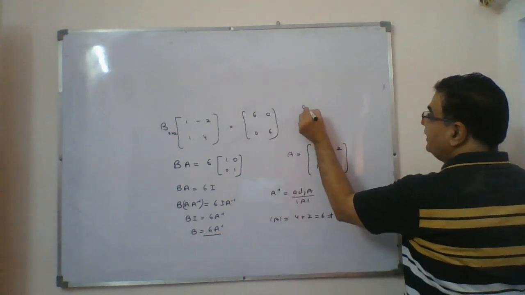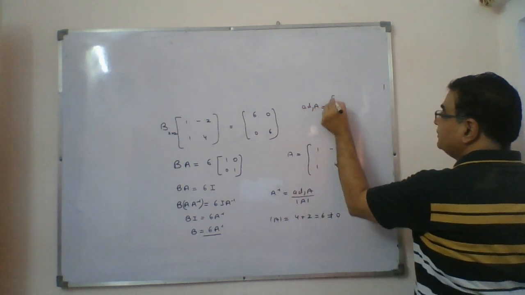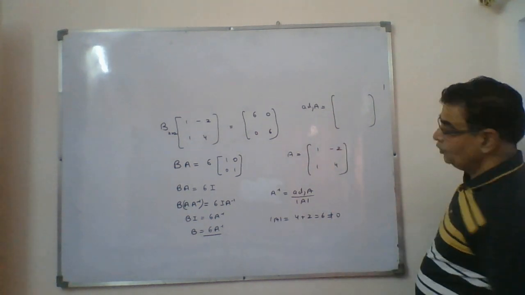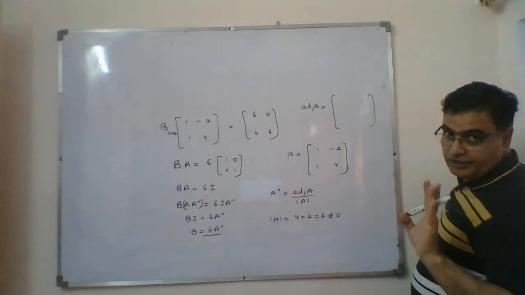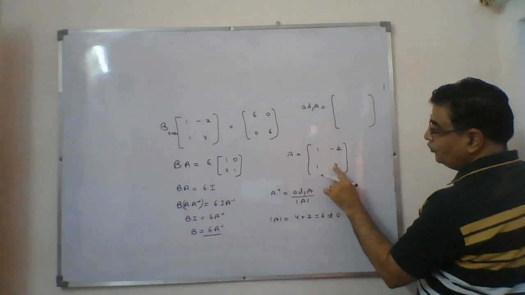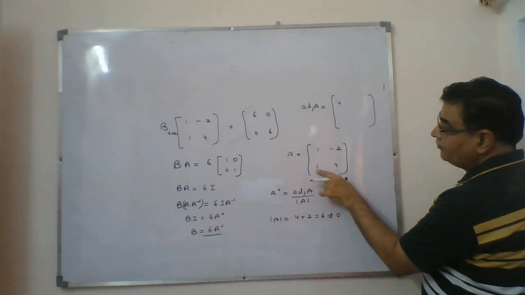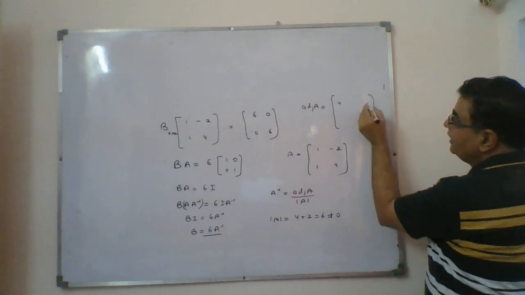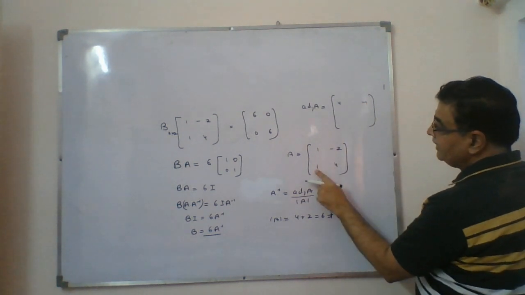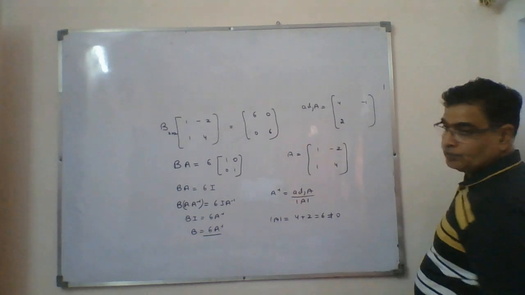Then we go on to the adjoint of A. I'm doing it directly now. For the adjoint I should take the cofactors. When you take this element, the cofactor will be 4. When you take this element, the cofactor will be minus 1 because this is the 2, 1 element. When you take this element, the cofactor will be simply 2.